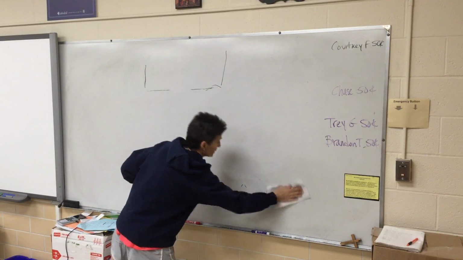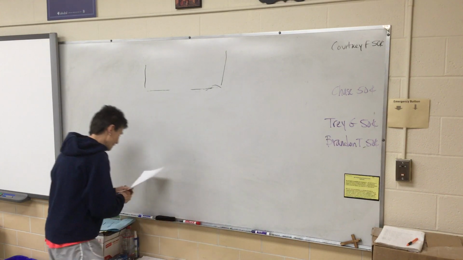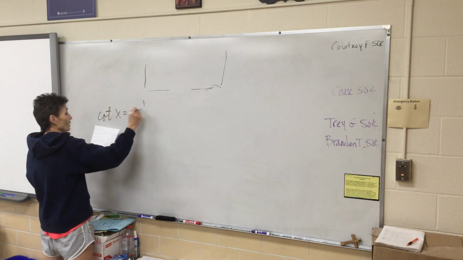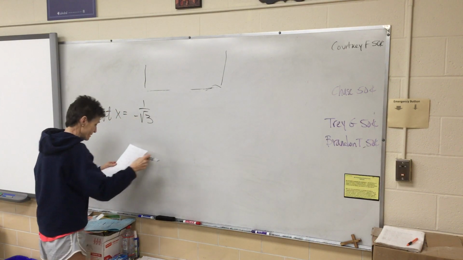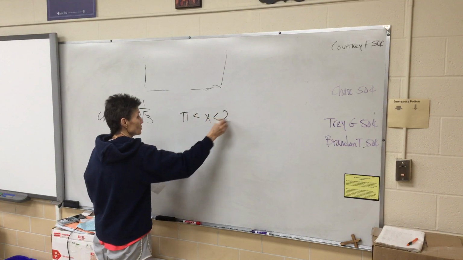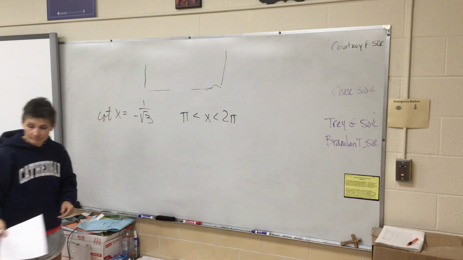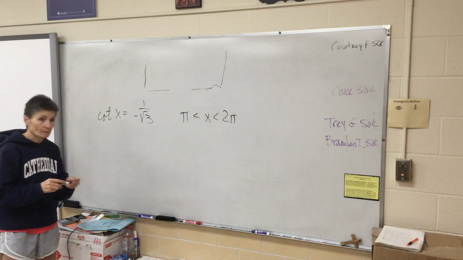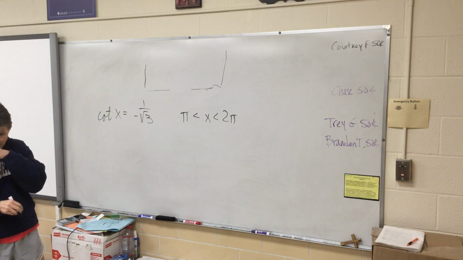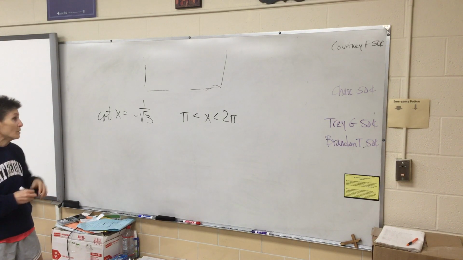All right, so here we go. Cotangent equals 1/-√3. And this time my domain is pi to 2 pi. All right, so here we go.